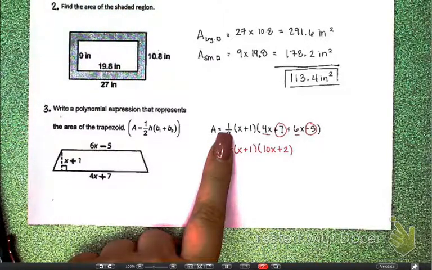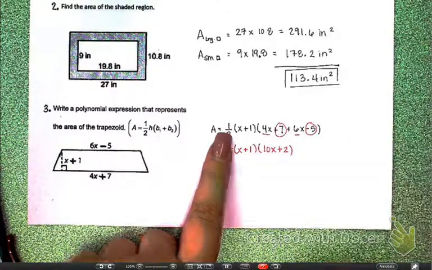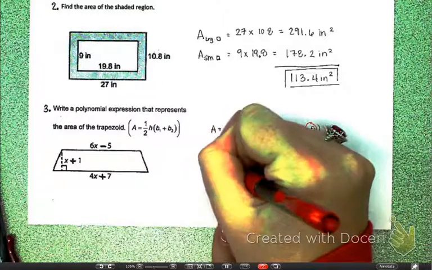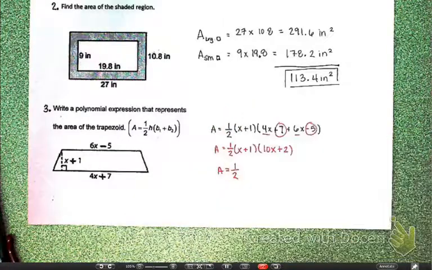Either distribute or use the box for x plus 1 times 10x plus 2. Okay, so we combine like terms, and now you're distributing using the box or distribution.